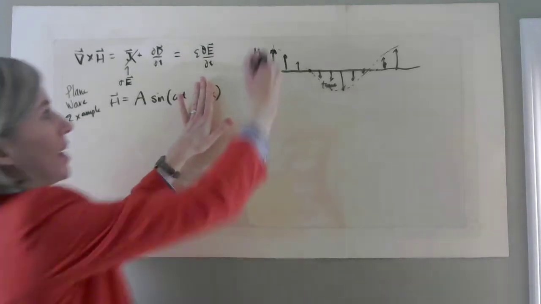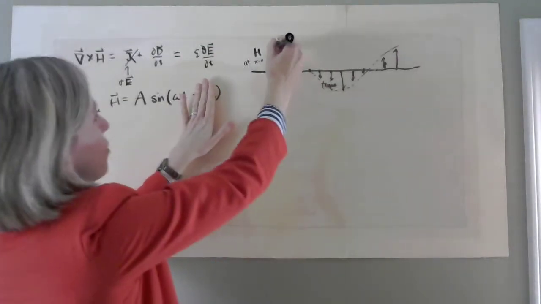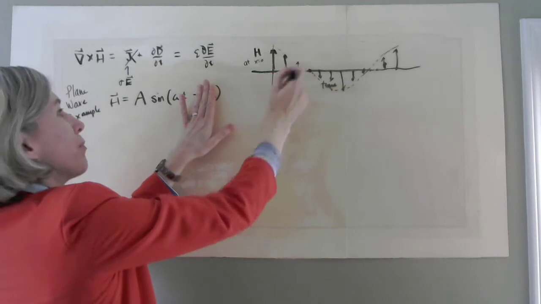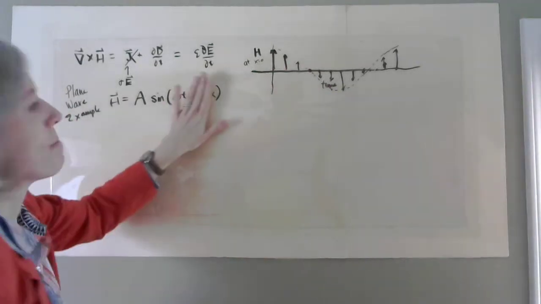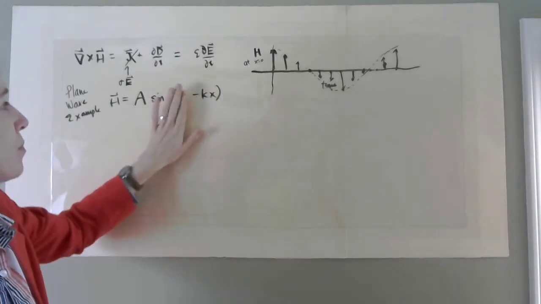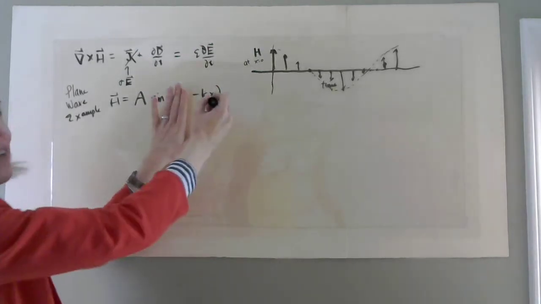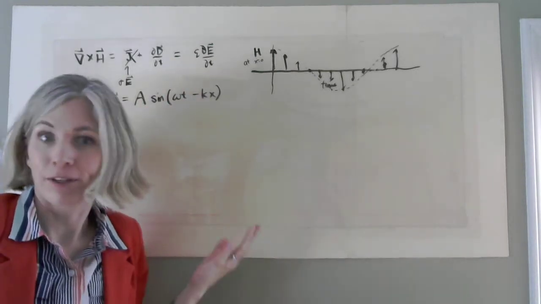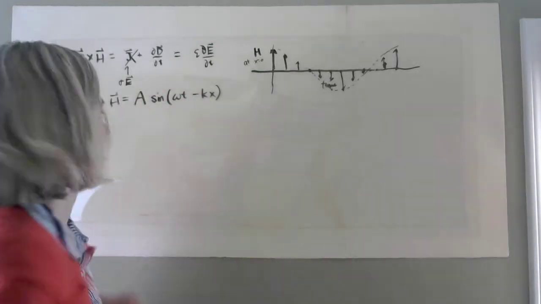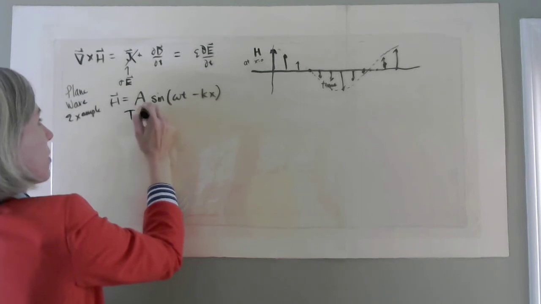It's just going to be sine omega t. If we set t equals 0, then we've got something that looks like a sine with respect to x. And what we have when we have both in there is a traveling wave.